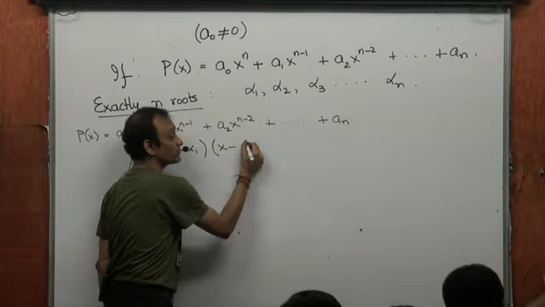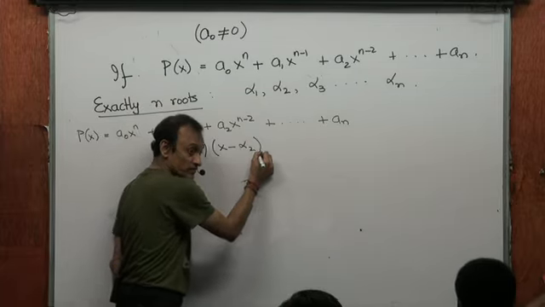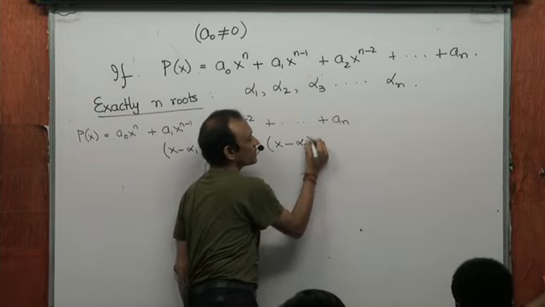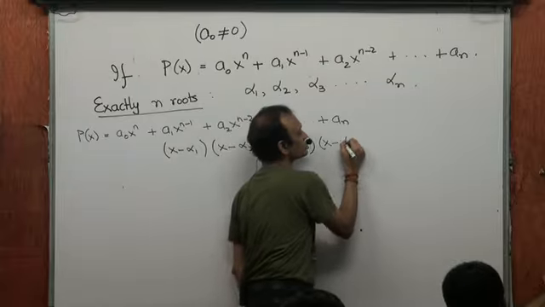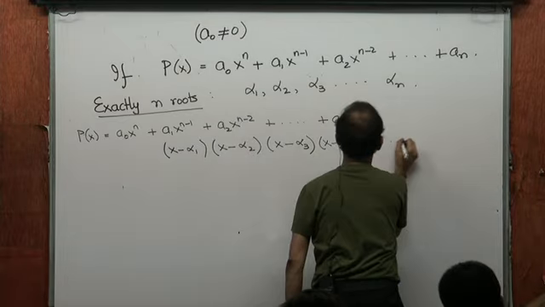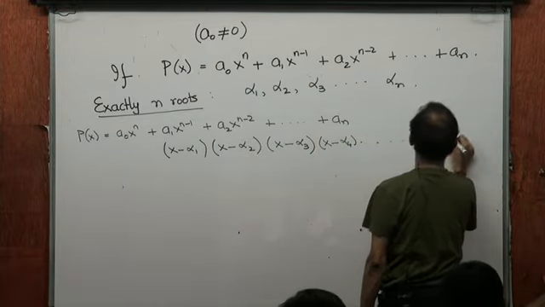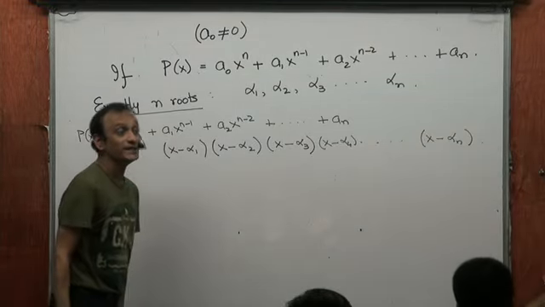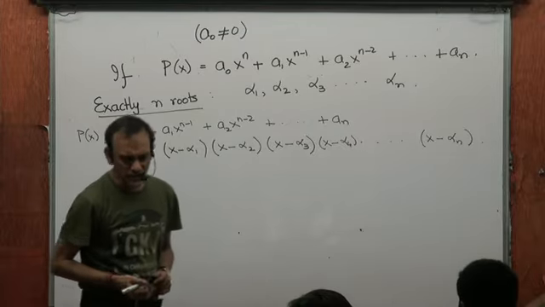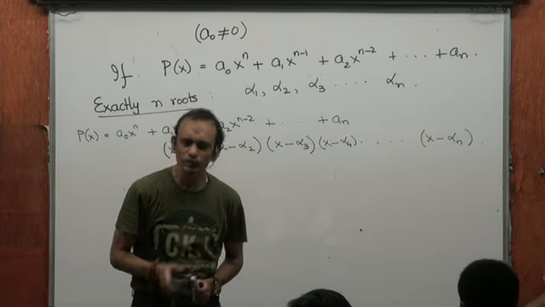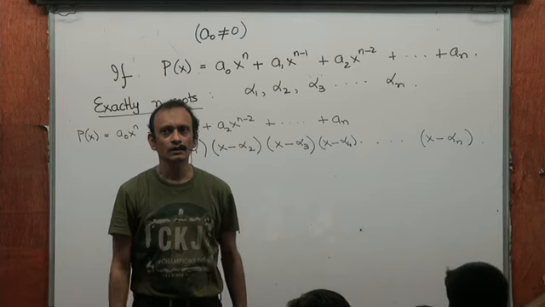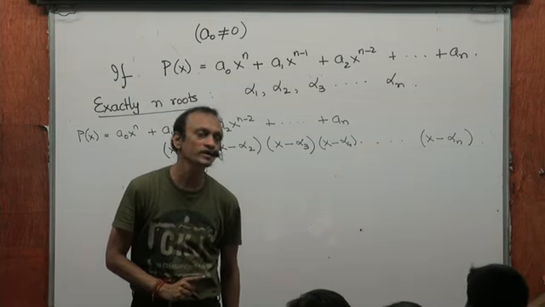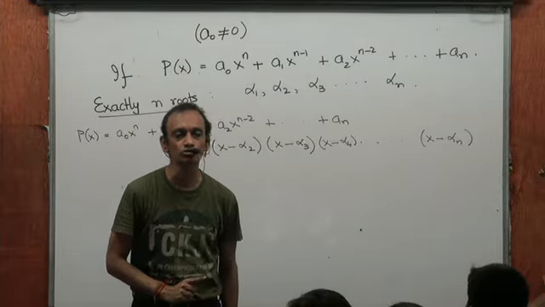X minus alpha 2 must be a factor of P(x), like we've discovered. X minus alpha 3 must be a factor. X minus alpha 4 must be a factor. X minus alpha n must be a factor of P(x). These must be factors of P(x). Yes or no? When you factorize something completely, you are expecting to produce an equation or an identity? You are expecting to produce an identity.